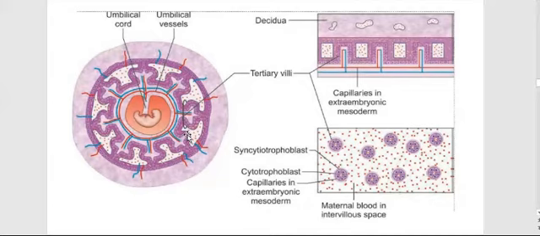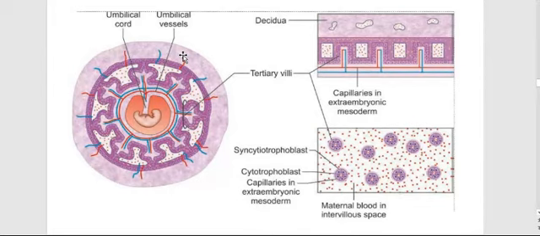Yes. So these are the ones here. They died. So it's just showing you how they are formed. All of them were formed, but the concept is that these ones should die. So we are going to remain with only these ones here, which are related to the decidua basalis. Are we clear? Yes, we are clear. Thank you.